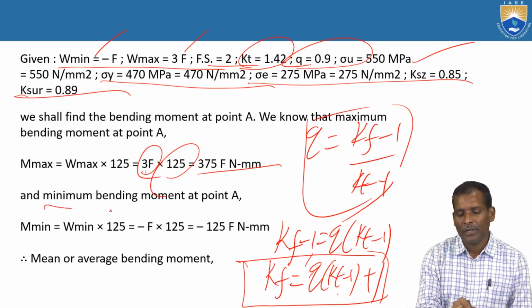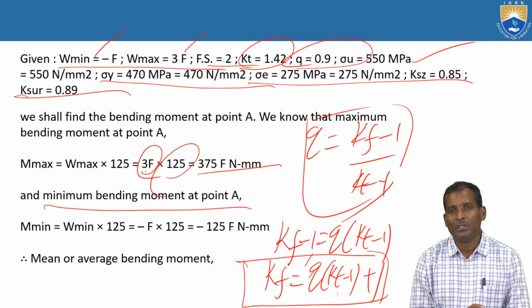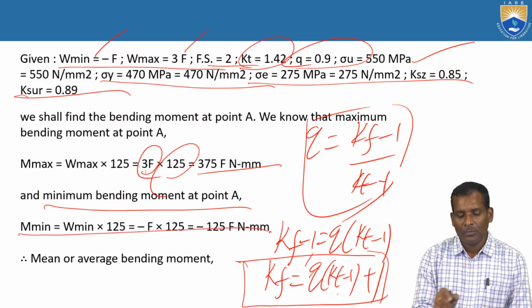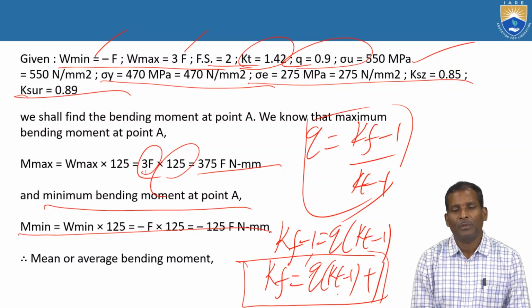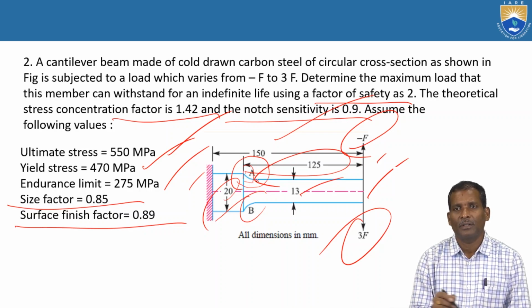And then similarly the minimum bending moment at point A. Here two loads are there, so that's why the bending moment also varies from minimum to maximum. So the minimum bending moment is minimum load multiplied with distance. Same distance, the load also acting, minus F, 2F multiplied with 125.